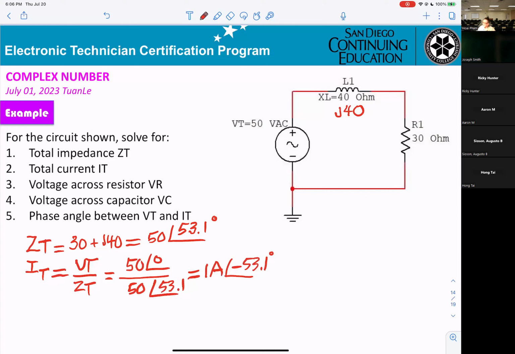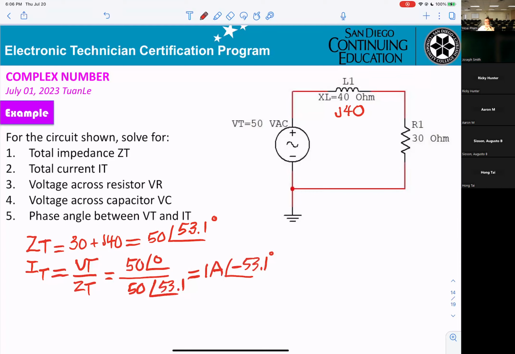Is that right? And now, if you want to calculate the total current, you take total voltage 50. Oh, yeah. I put the wrong number down. Sorry. It's 50 divided by 50, which is 1.